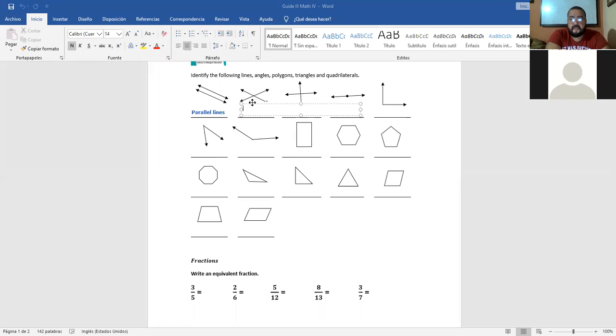The second, lines that cross each other in the same point, their name is intersecting lines. Intersecting lines.